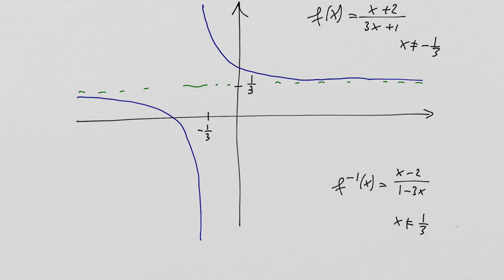We can read the domain of the function from the x-axis, and in this case the function would be defined for all values of x except for minus 1/3.